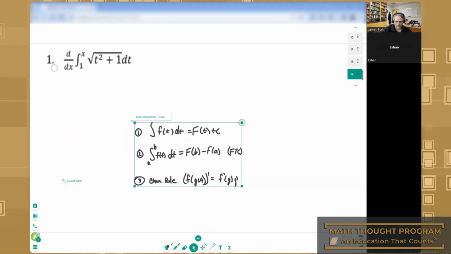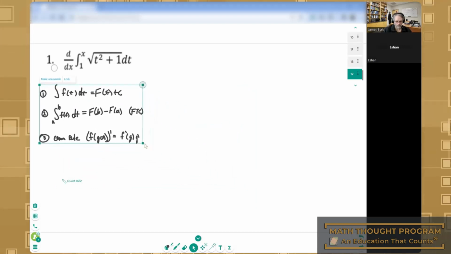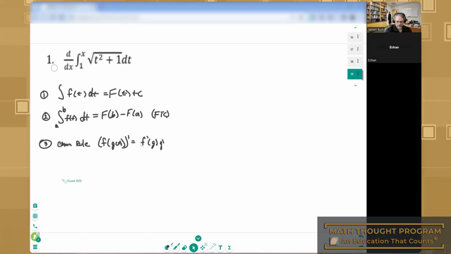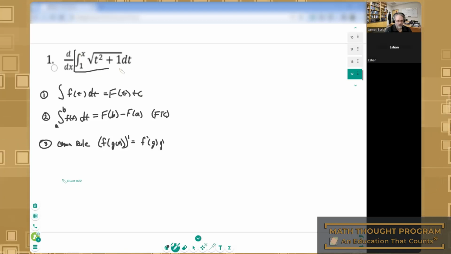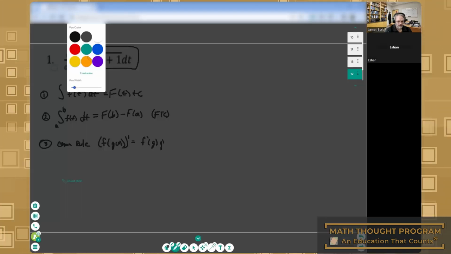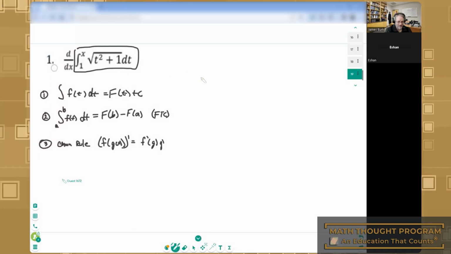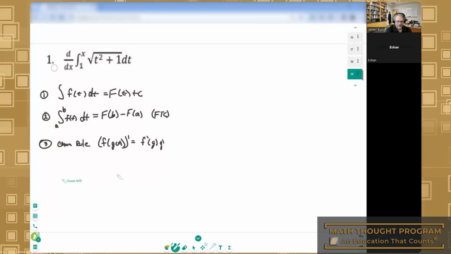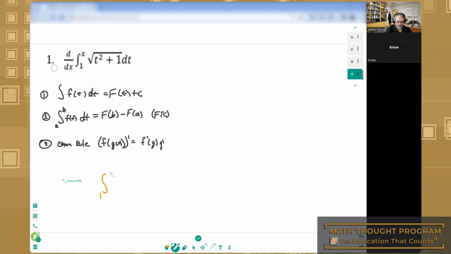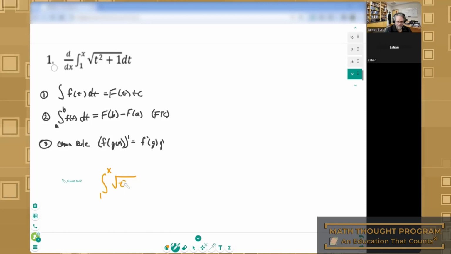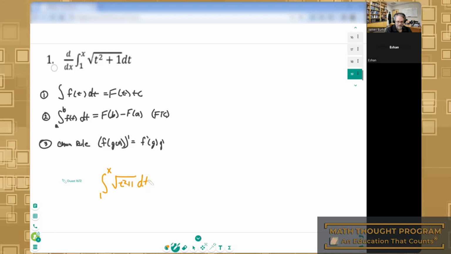Now, when I have this problem up here, let's take a closer look at it. Let's say for a second, if I was able to find a way to integrate this, and there is a way to integrate it, but it's going to require a more heavy hitting machinery. If I was to integrate from 1 to x, I have this t squared plus 1 dt.